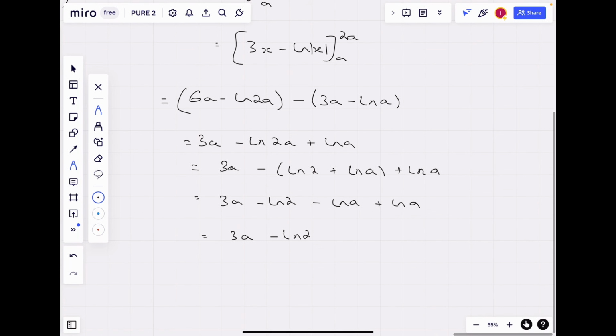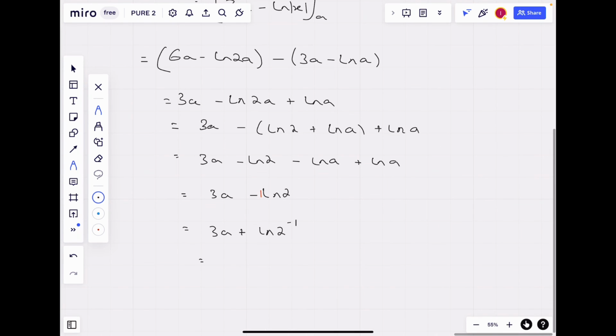Okay, now, this is the same as ln 2 to the power of minus 1. Let's imagine there's a minus 1 here. So again, using the log rules, that means 3a plus ln 1 over 2.